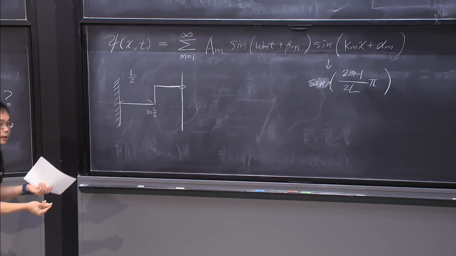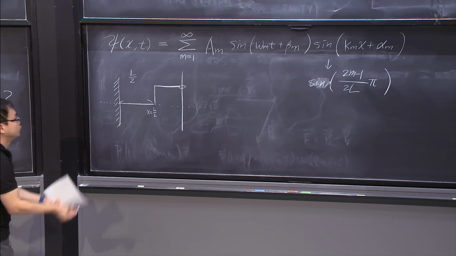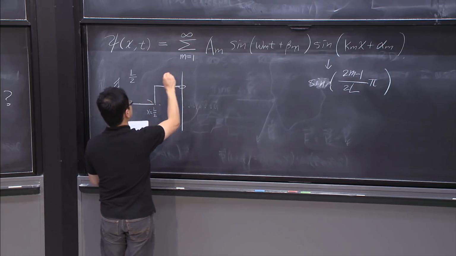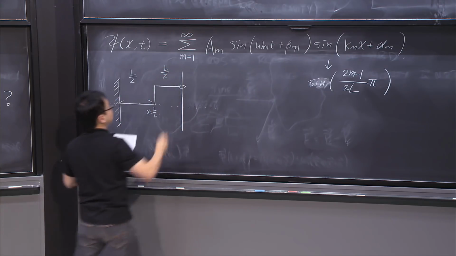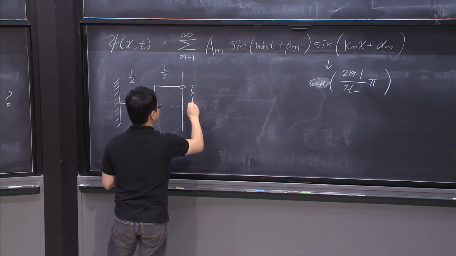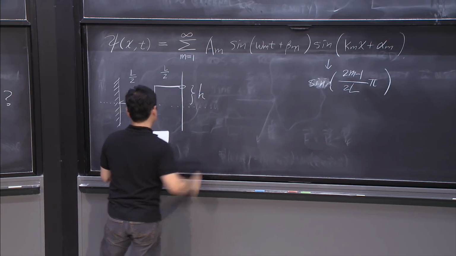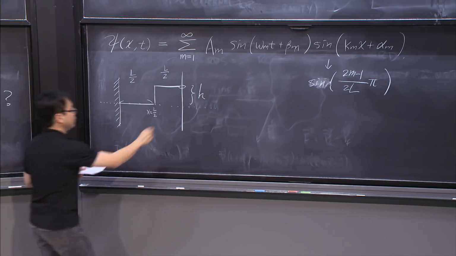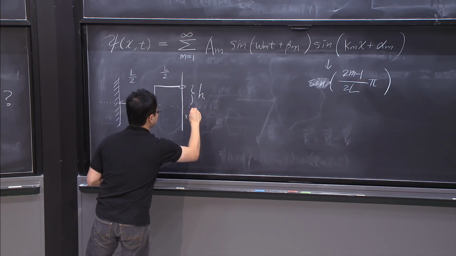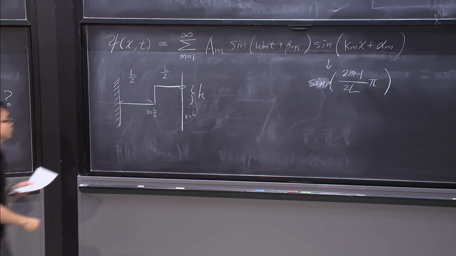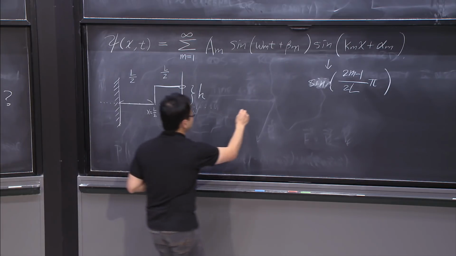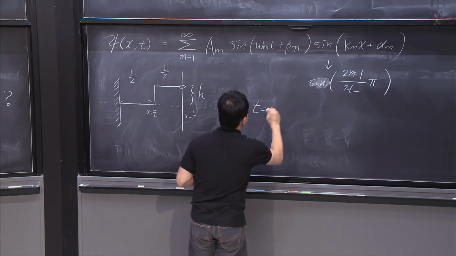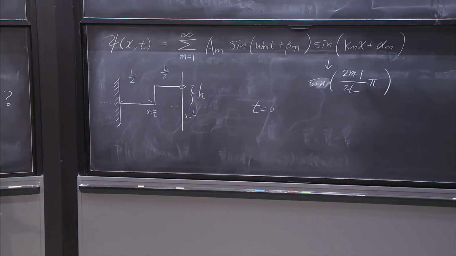Suddenly, I move the string sharply up, and the remaining half of the string is at a height of h in this case. And of course, the right-hand side edge is at x equal to L. And this is a snapshot which I took with my camera at t equal to 0.